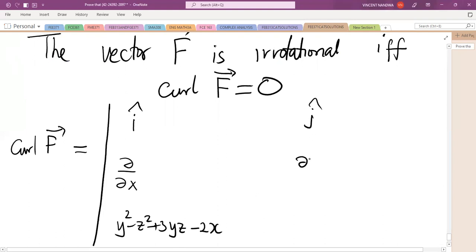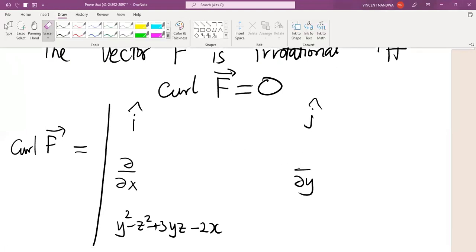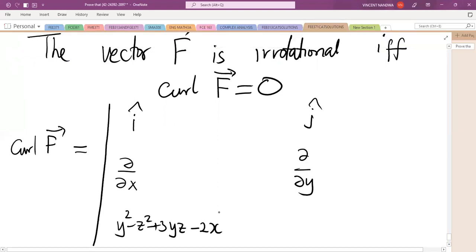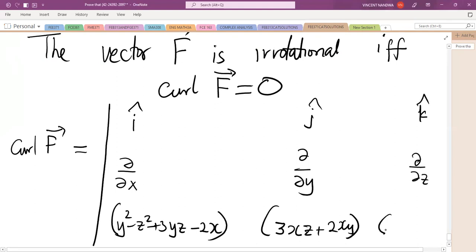With i partial x, then j partial y, and then k partial z of the components: 3xz plus 2xy, 3xy minus 2xz plus 2z.